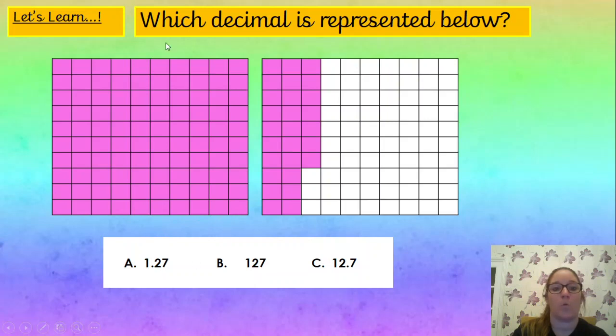So we've got 1 whole and 27 parts. So we've got 2/10 and 7/100. This here tells us we've got 12 wholes and 7/10. This tells us we've got 127 wholes. This tells us we've got 1 whole and 27 parts. So the answer is A.